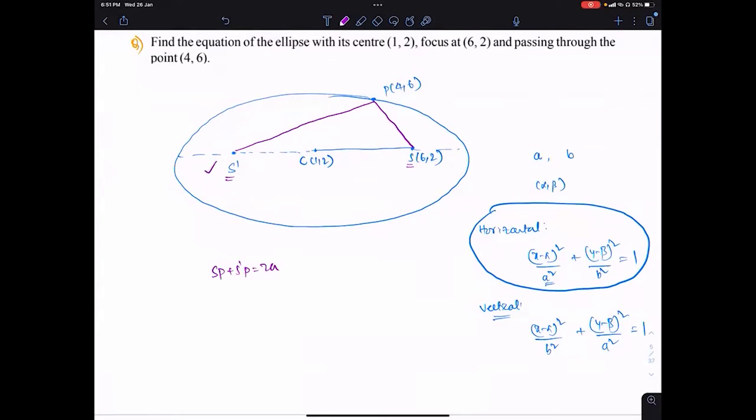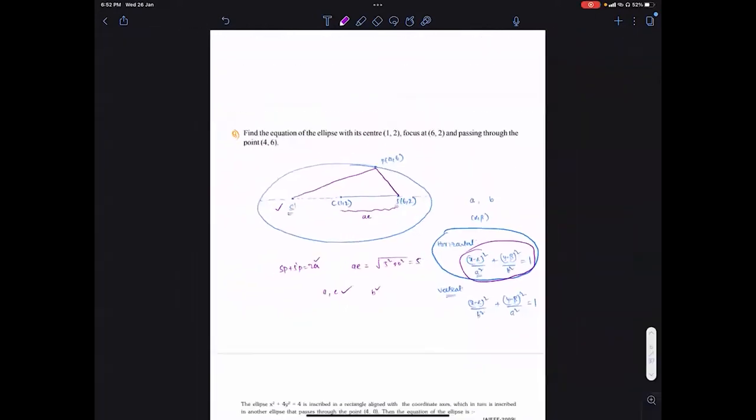Use that property and you will get the value of A. And the distance between these two is AE, so you will get AE also. Your AE will be root over 5 square plus 0 square, which is 5. So you already know A, and you get E. Once you know A and E, you will get the B value also. So you can write the equation like this. Okay, next.